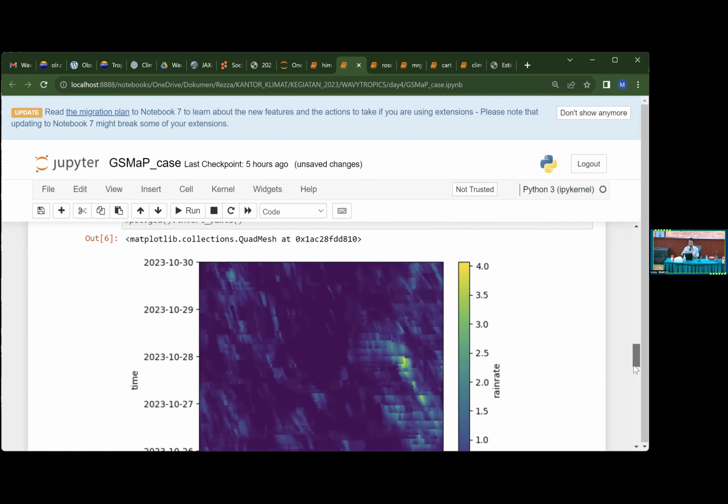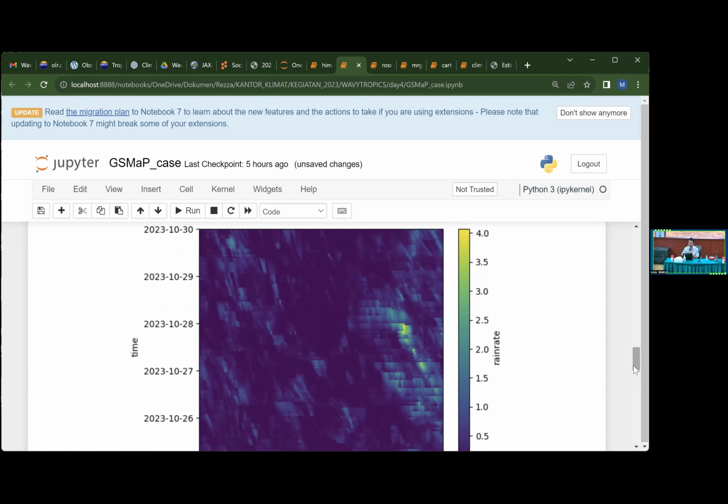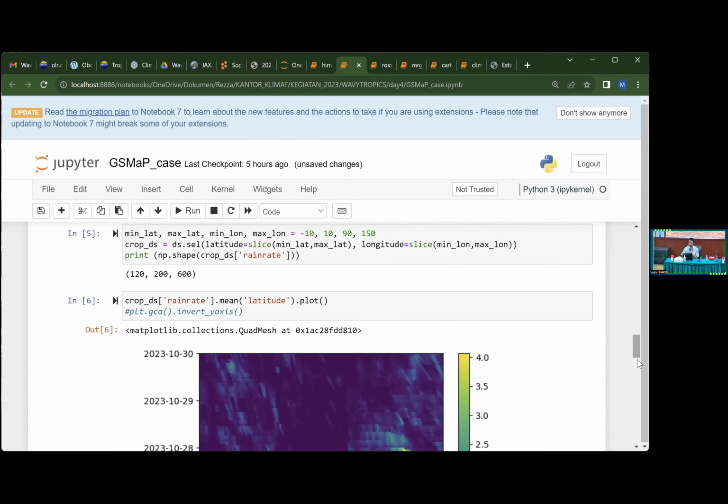The highest rain rate is indicated by the yellow color. You can see here, about from October 26 to 28. And you can see that the time goes from bottom to top, right? So we can reverse it to make it easier to understand which signal propagates westward or eastward.